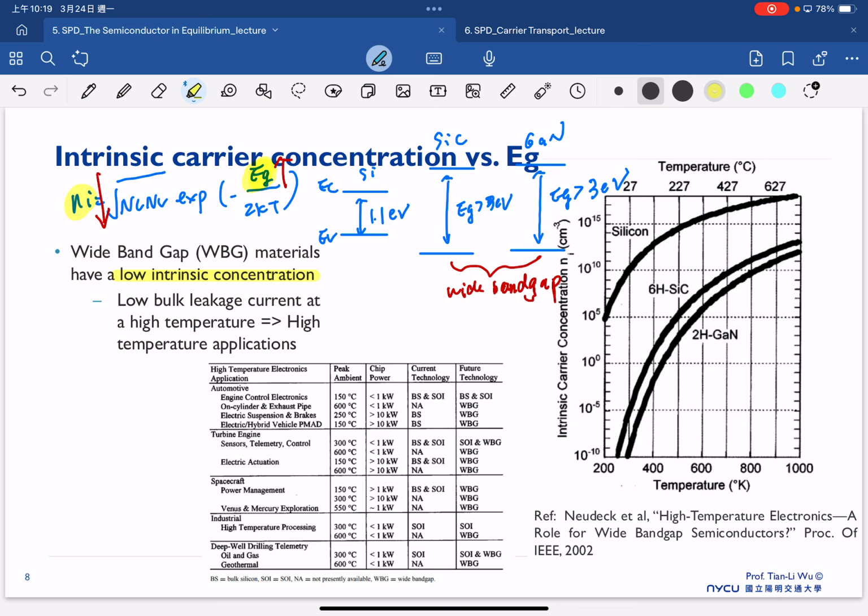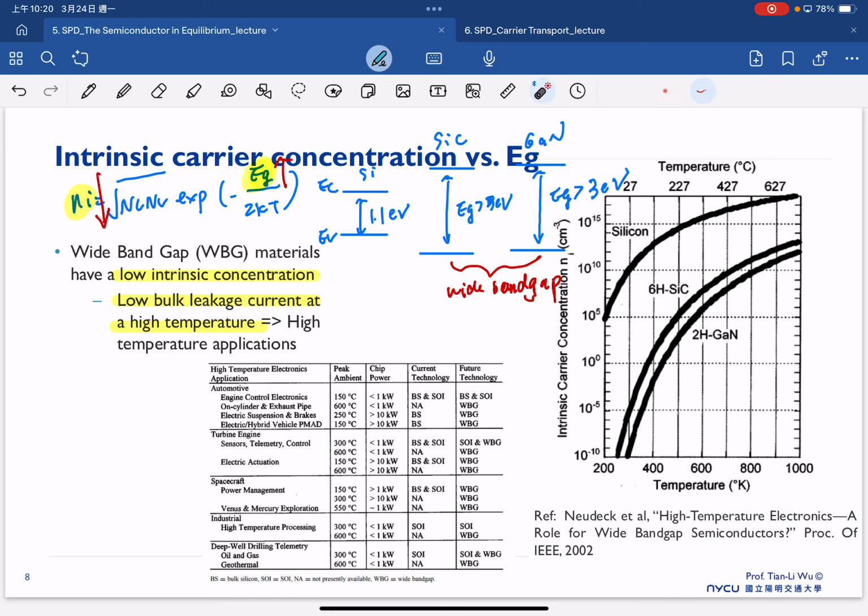And as we already said, the implication of a low intrinsic concentration is that the material has a low bulk leakage current at a high temperature. So at high temperature, this material still exhibits a very low bulk leakage current.